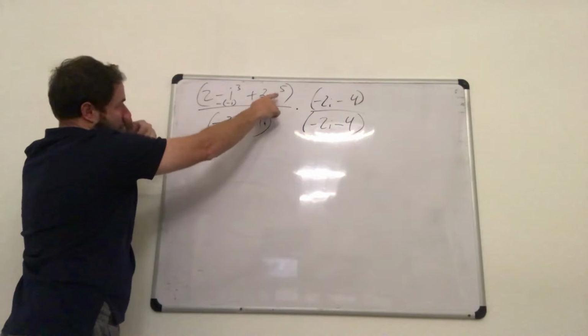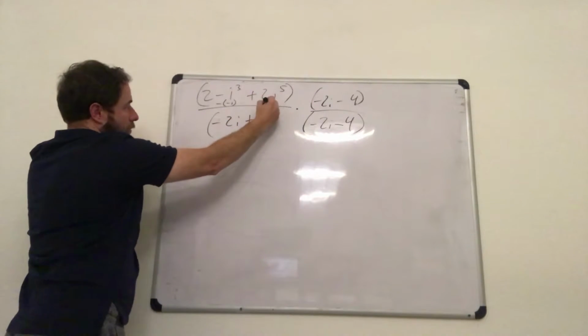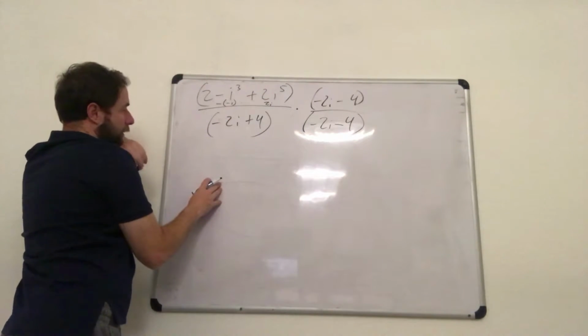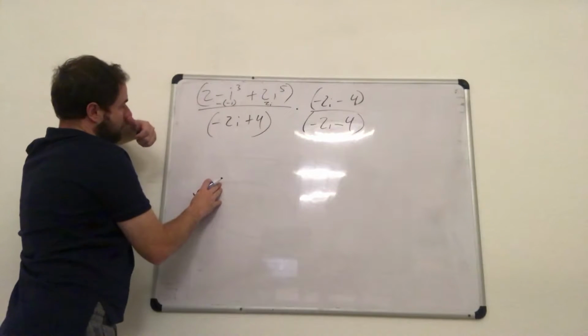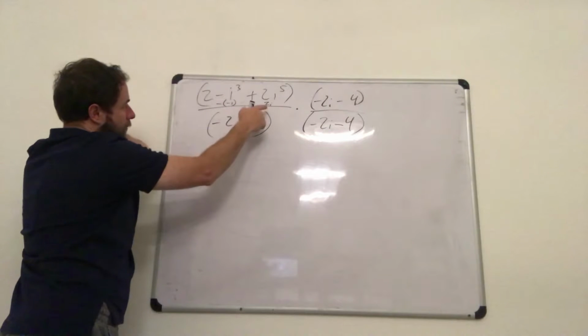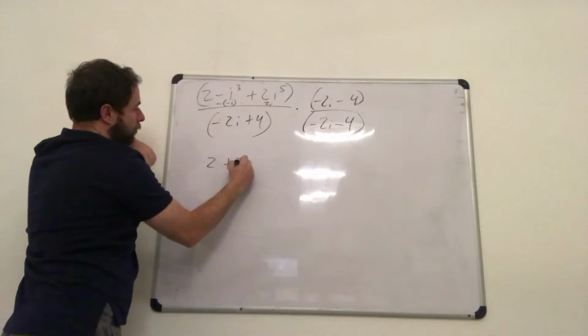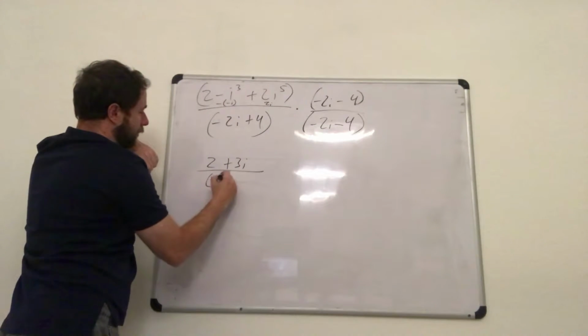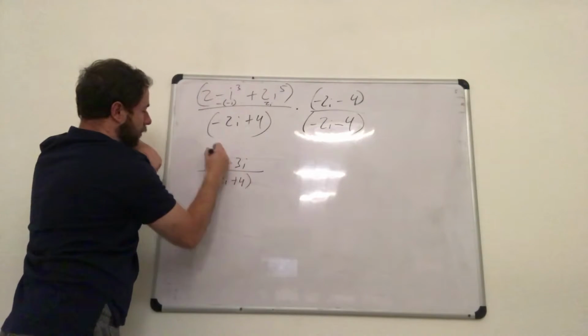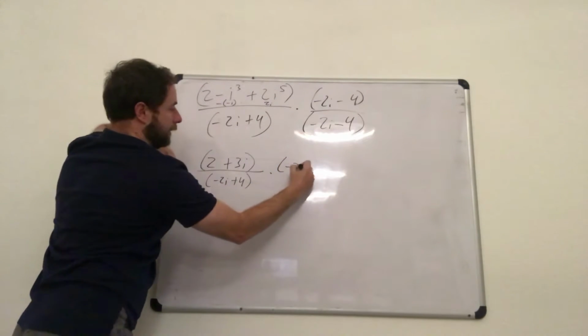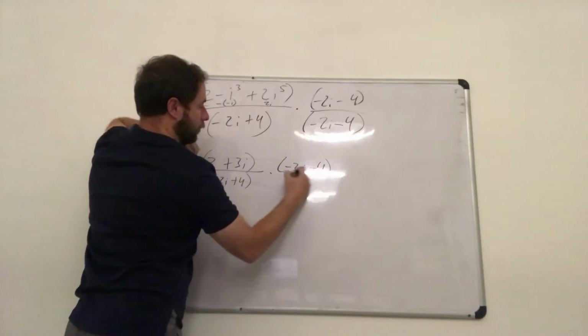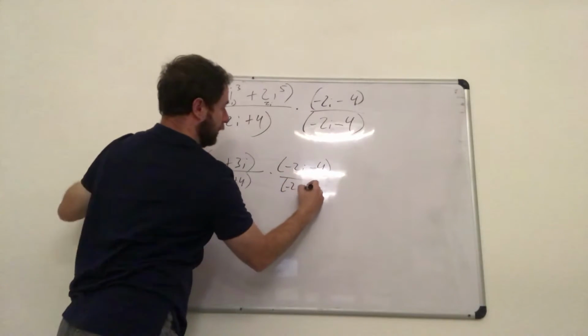And then right here, i to the 5th, if you get rid of 4, it's just i that is left over. You got rid of 4 of the i's. So you end up with positive i and 2i becomes 3i. So 2 plus 3i all over negative 2i plus 4, and then multiply by negative 2i minus 4.